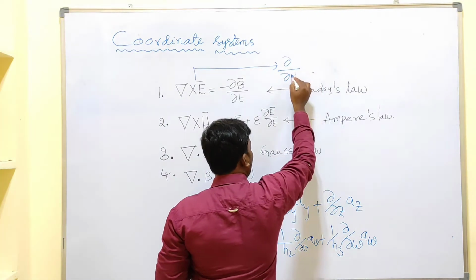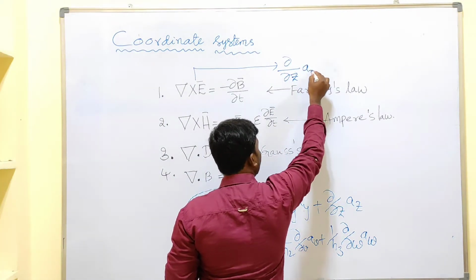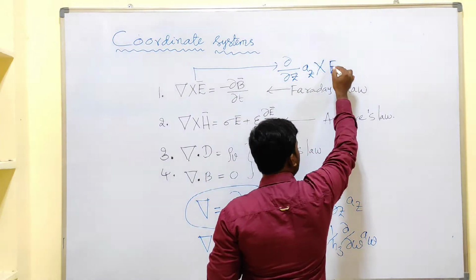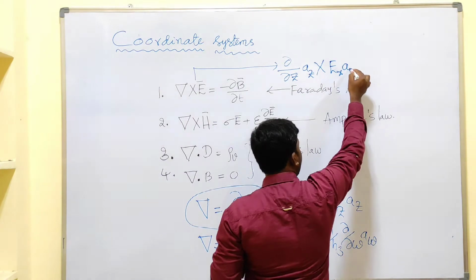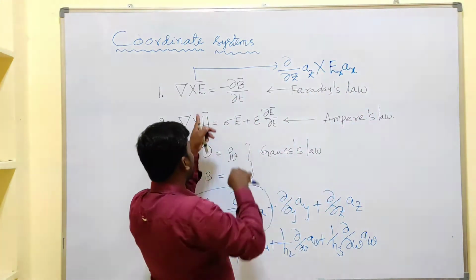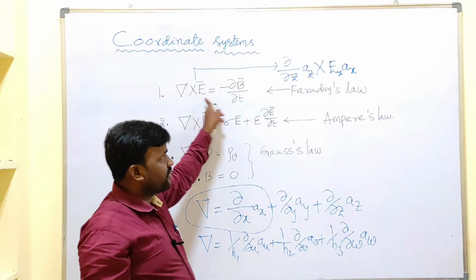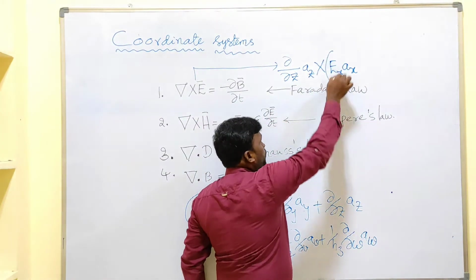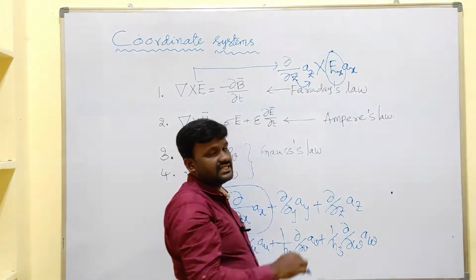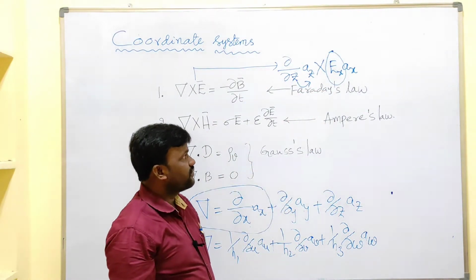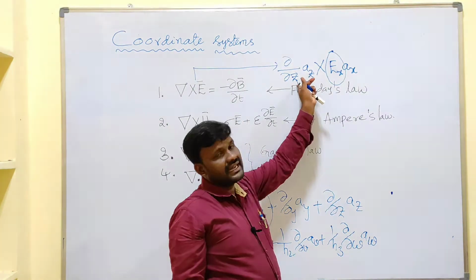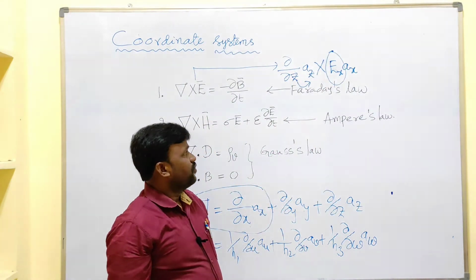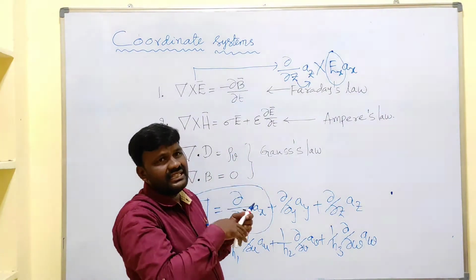Along the z direction for a one dimensional case it is dou by dou z az, and assume your electric field is along the x direction. In that case, E has only an x component. That's why this vector quantity E can be written as Ex ax. Here, this component is varied with respect to z. Z is a distance. That means here E is a function of distance or space.